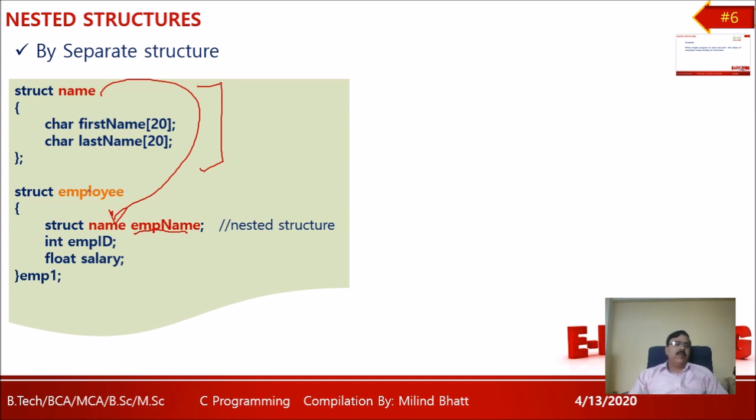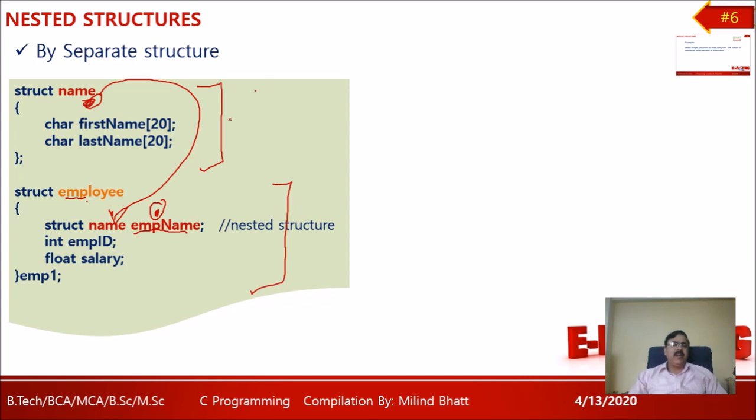So in this way you can see that I have created one structure employee. I have also created one structure name. Inside my second employee structure, I have created a member of the earlier defined structure. This is how I am maintaining nesting of structures. This structure is separate and this structure is separately defined.